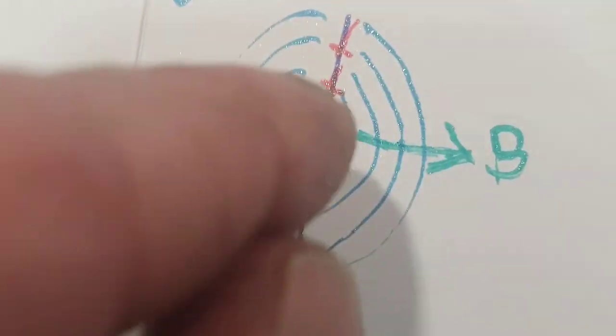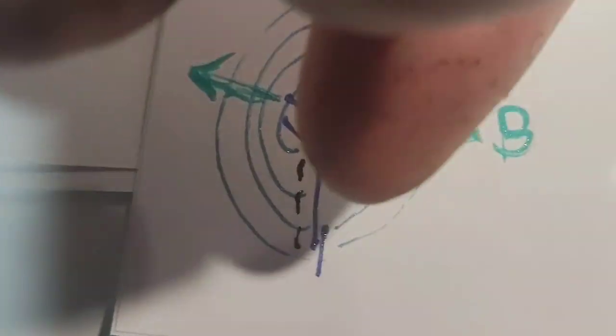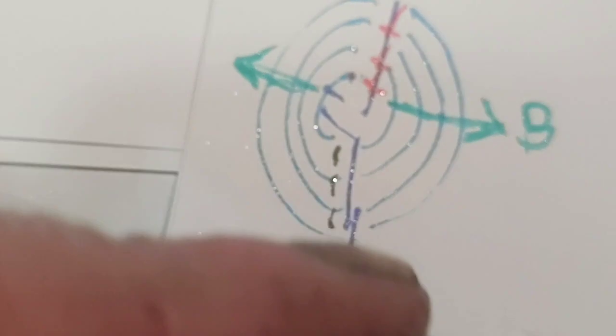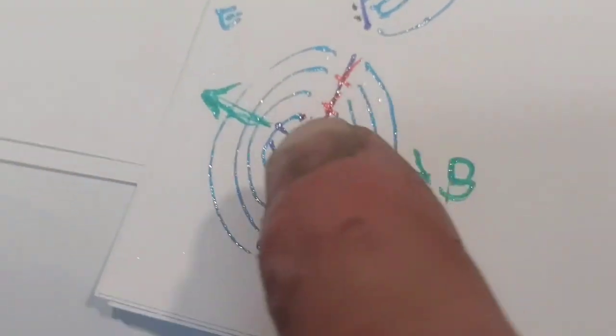And then it follows the right-hand thumb rule and creates a rotating magnetic field. And if it's rotating, spiraling along the axis, well, the sum of this rotation and this rotation and this rotation is this way.